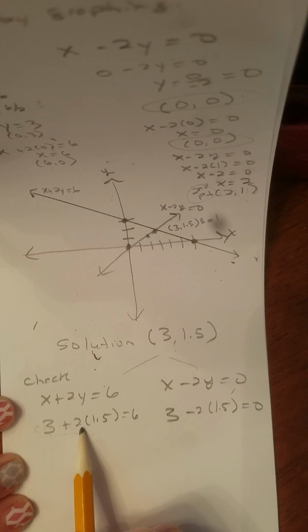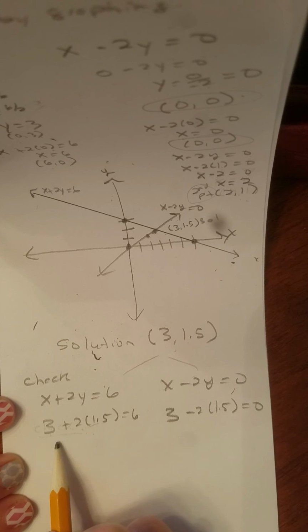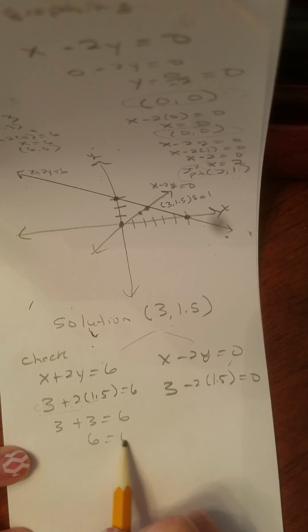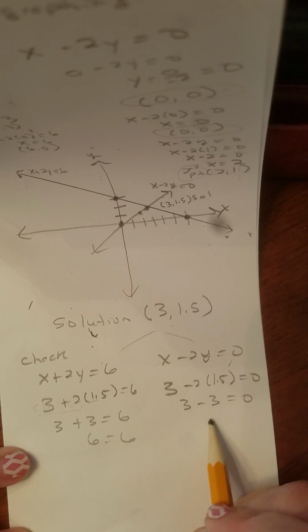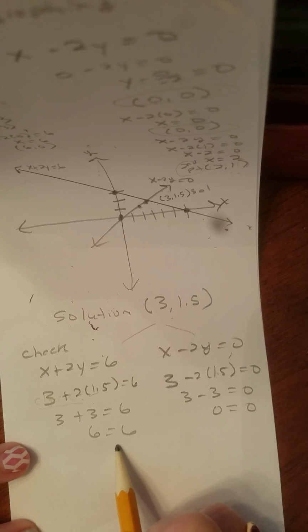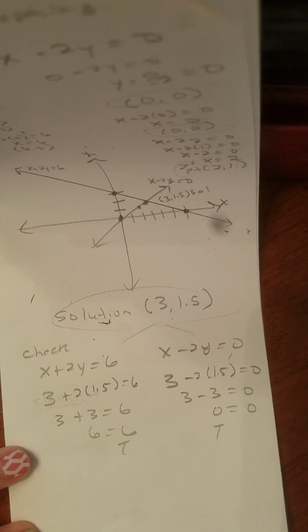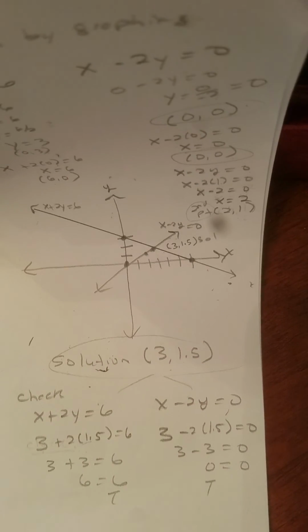This is going to give me 2 times 1.5 would be 3, and we get 6 equals 6. And this is going to give me 3 minus 3. And so we ended up with a true statement in both cases. So this right here is our solution, and we have done the check step to make sure we didn't make a mistake. All right.